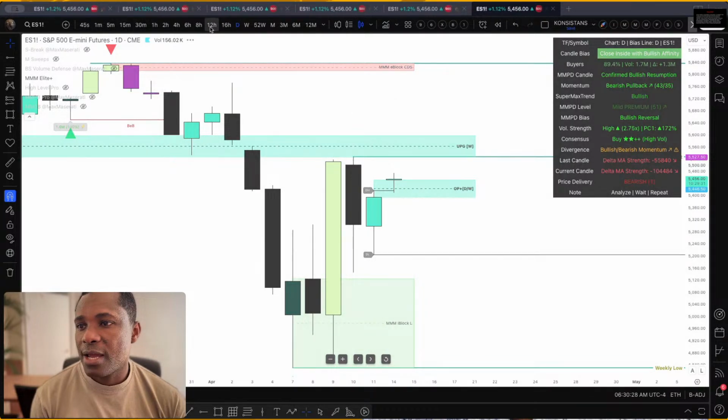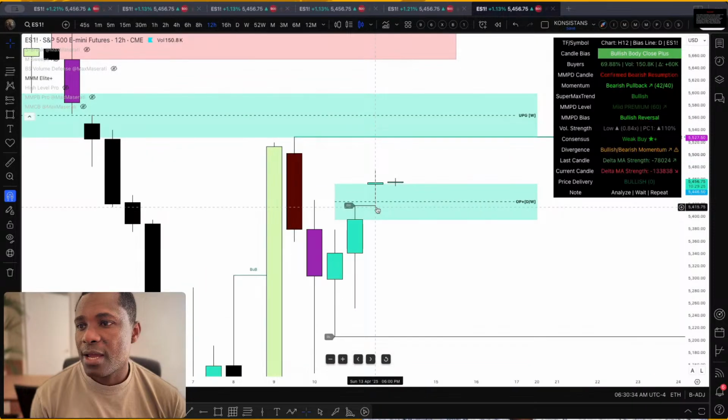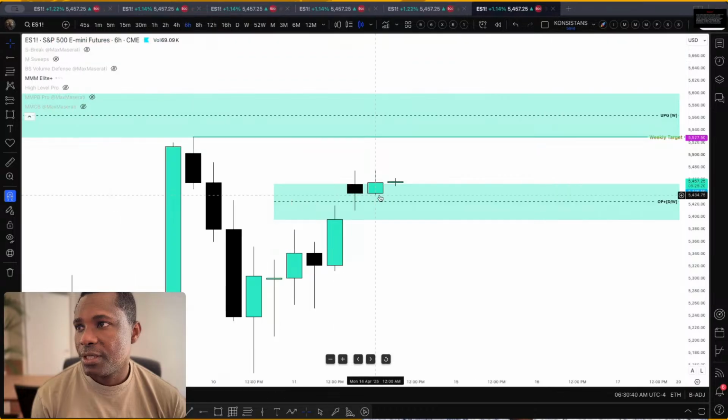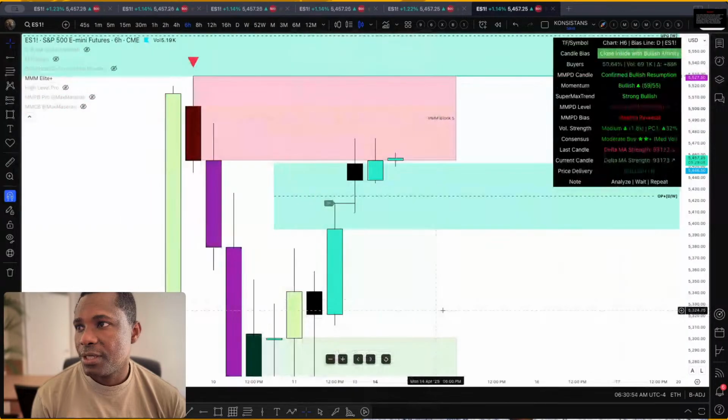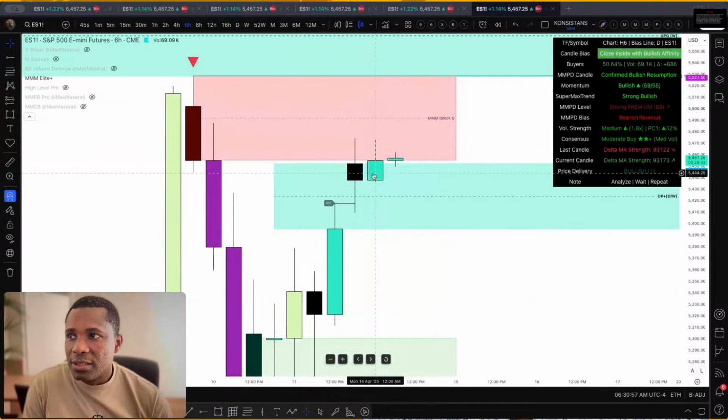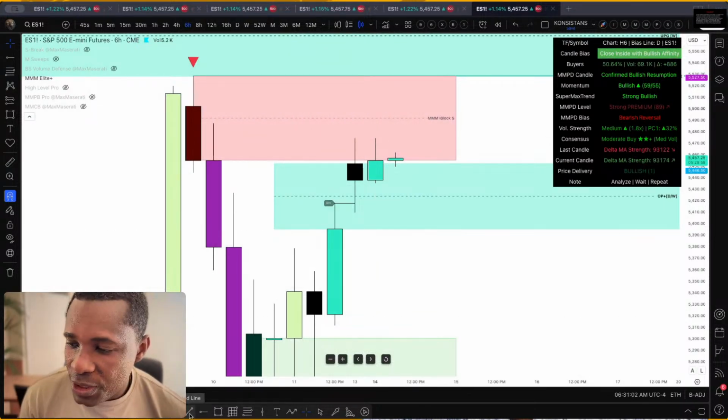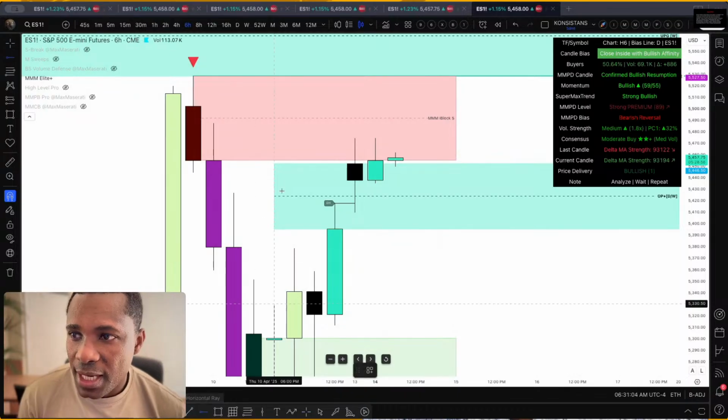The last candle to close was 12 hours, on Sunday still. We don't have a candle close for the last 6 hours on Monday. The last 6 hours on Monday, this candle closed inside with, if I'm not wrong, closing inside with exactly. So this candle, the last 6 hours, was a closing inside with bullish affinity, which means our target is exactly here.